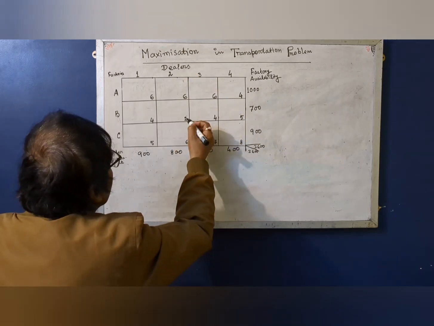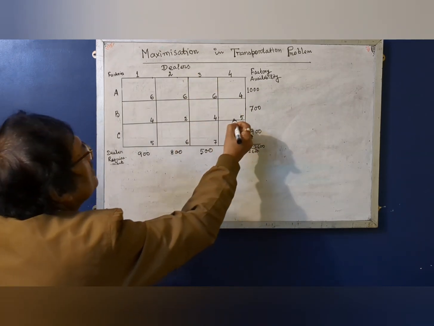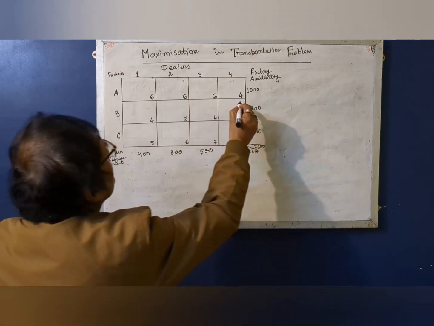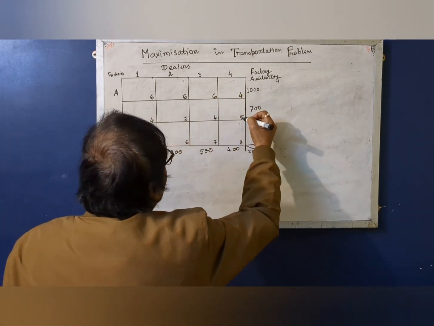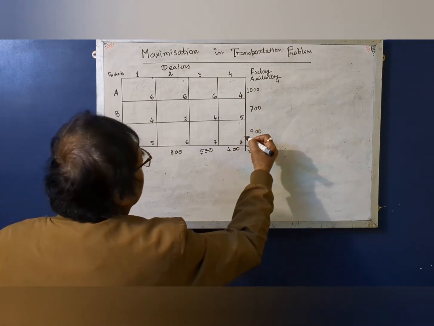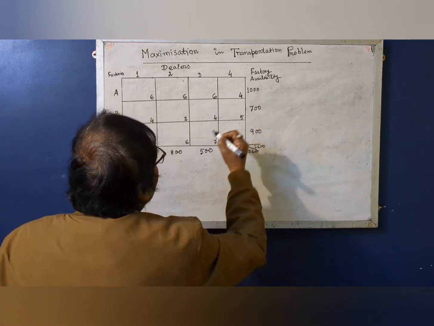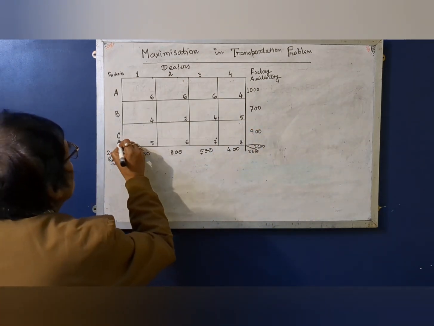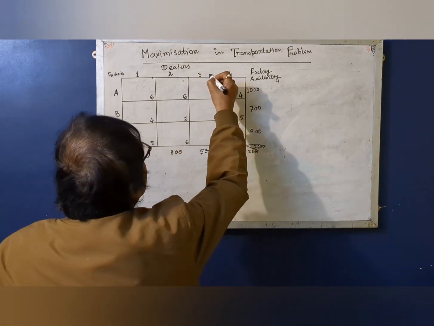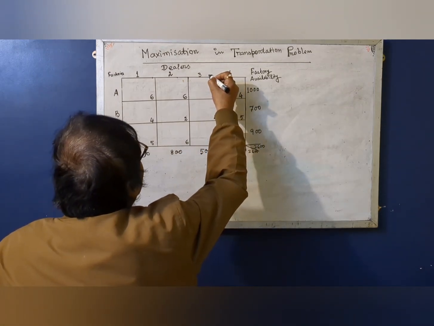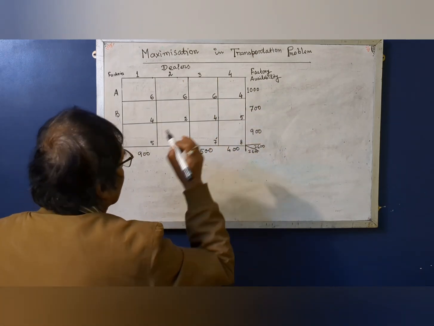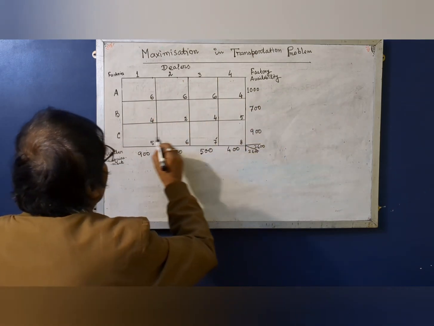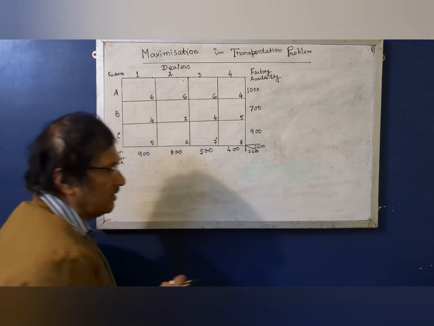The profit per unit will be rupees 2. In this way, the profit figures per unit relating to factories and marketplaces are given. Another example, 7. This means the product is being produced in factory C and is being sold to marketplace C, and then the profit per unit is rupees 7. In this way, in place of cost, the profit figures are given.